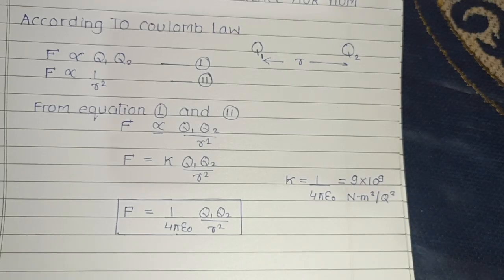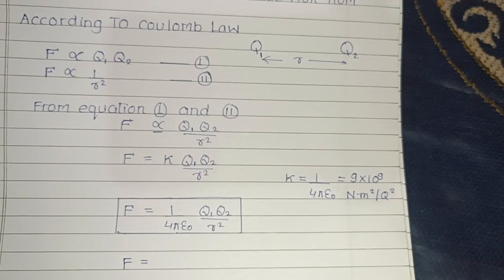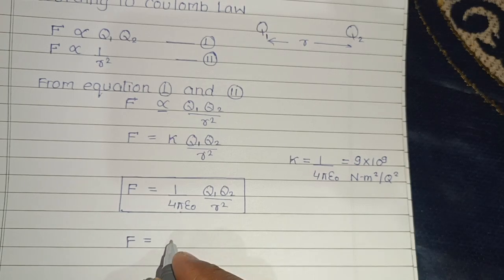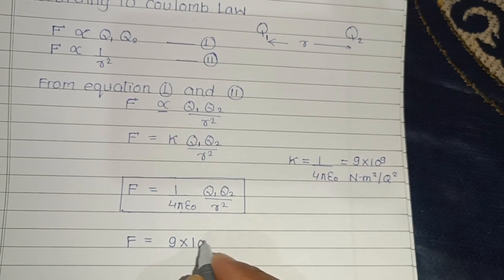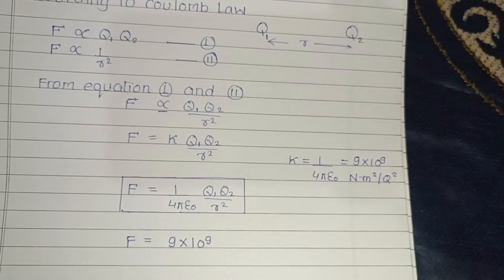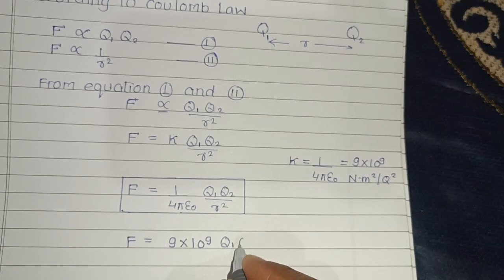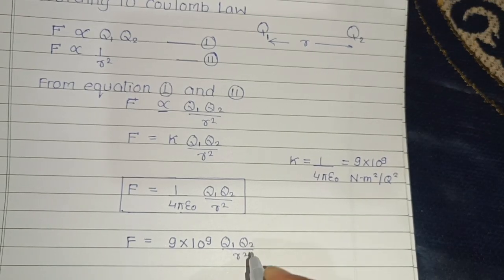So we can also write F is equal to 9 into 10 to the power 9 Q1 Q2 by R square.